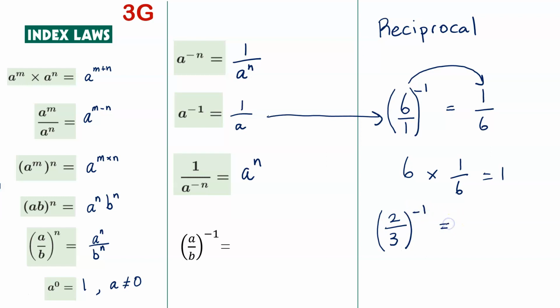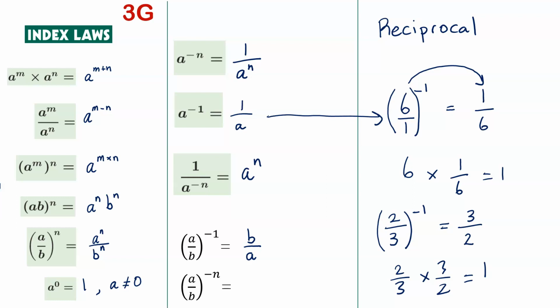If I follow the steps from up there, if I use the same procedure, I would get 3 halves. And now, by the way, what's 2/3 times 3 halves? You know what that's equal to? That's equal to 1. So after all of that, what's our rule going to be here? It's simply going to be b over a. We're swapping the numerator and denominator.